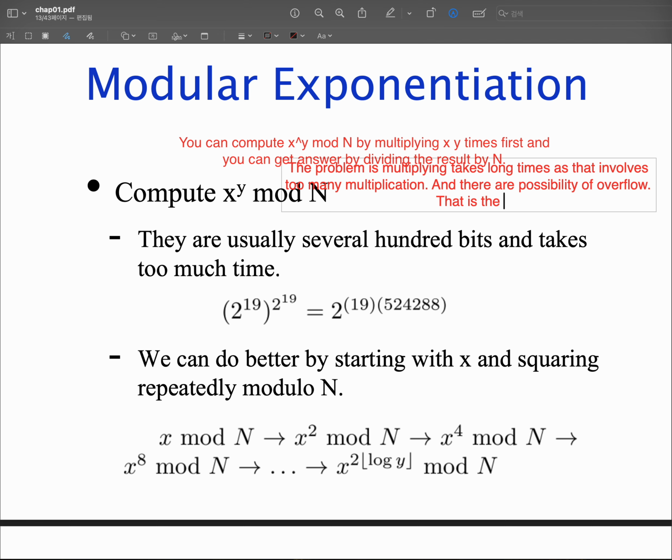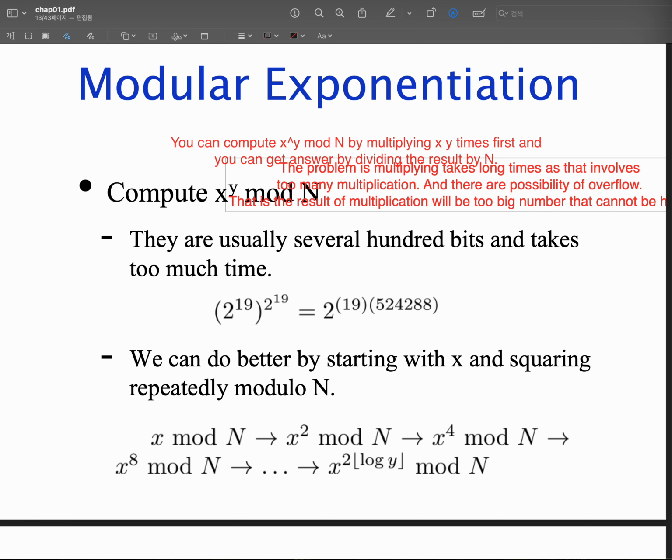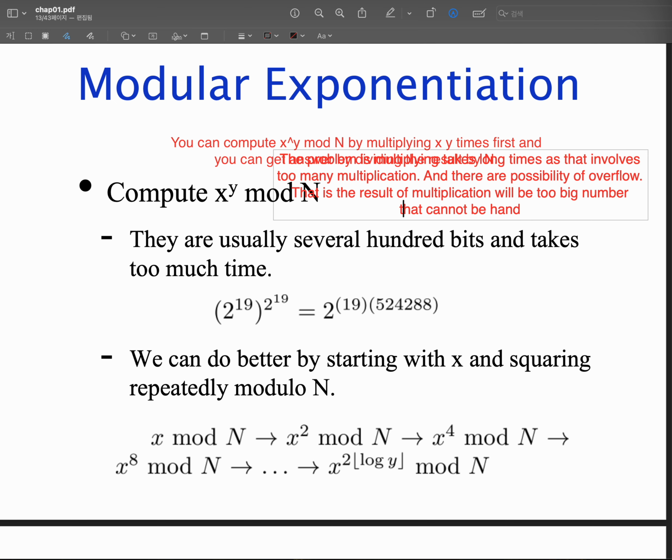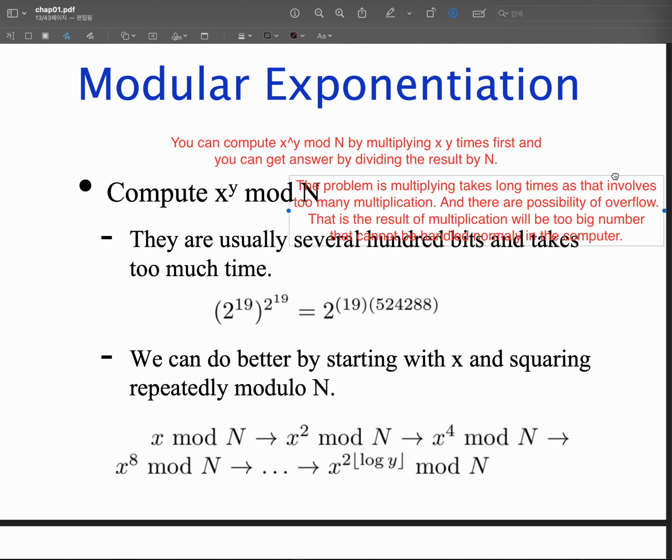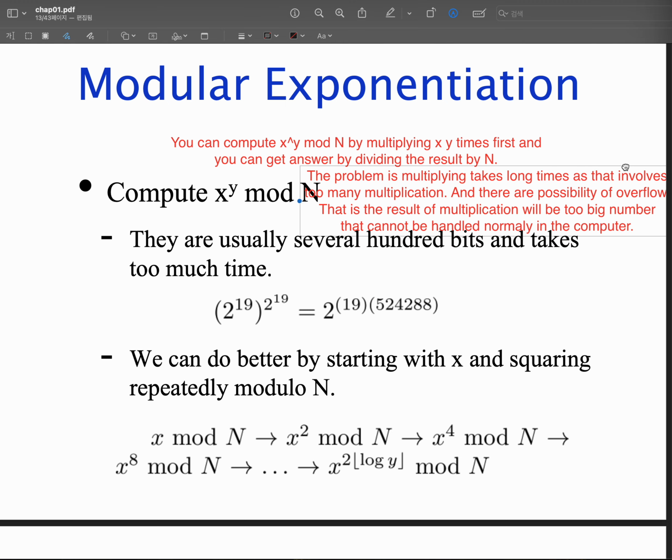That is, the result for the multiplication will be too big a number. Okay, that cannot be handled normally in the computer. Okay, so that is it.